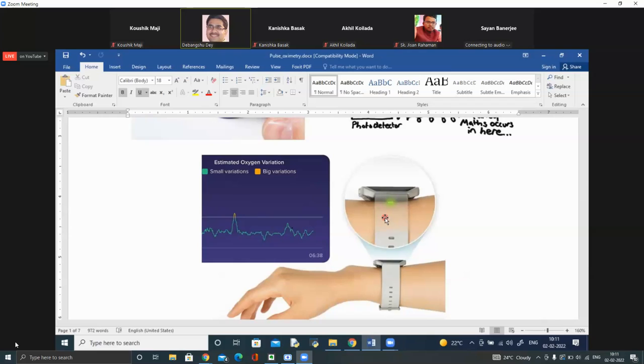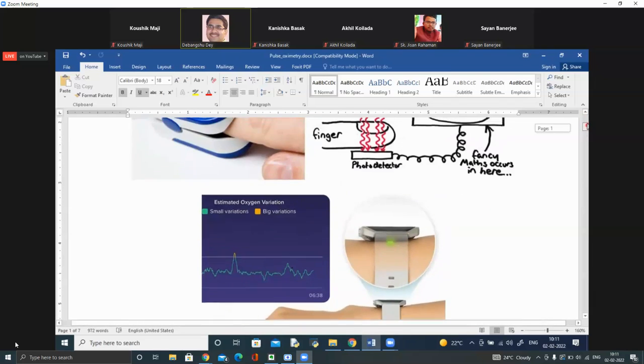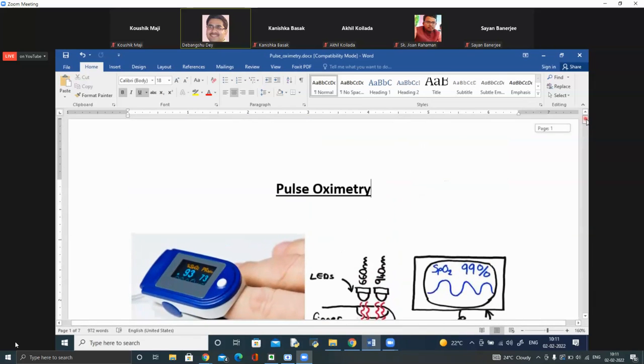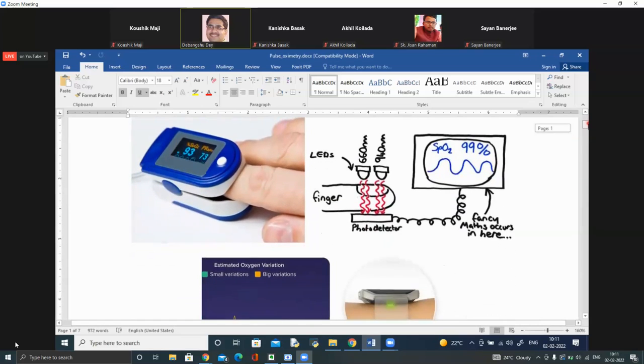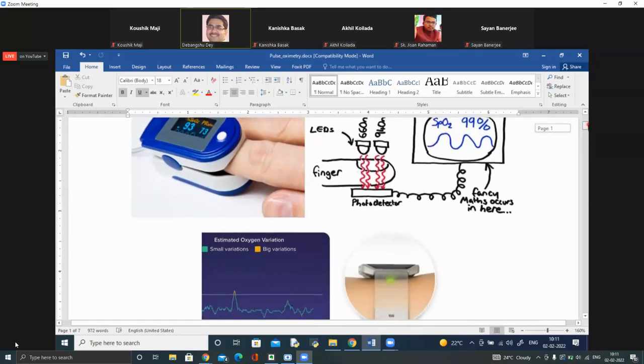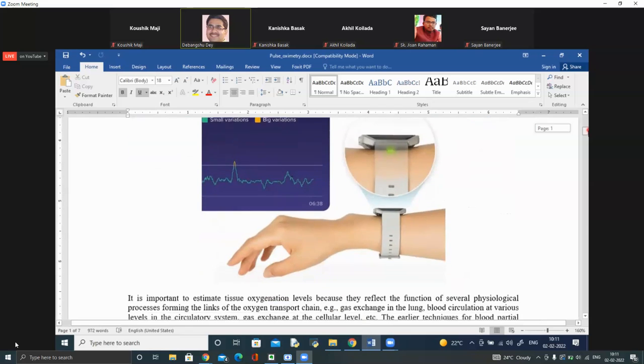There are so many things it can measure. So how, considering the cost of the gear and the accessories, you can implement so many things there. Here we are discussing only pulse oximetry, but there is enormous opportunity so that you can modify this kind of available thing into quite a new one.